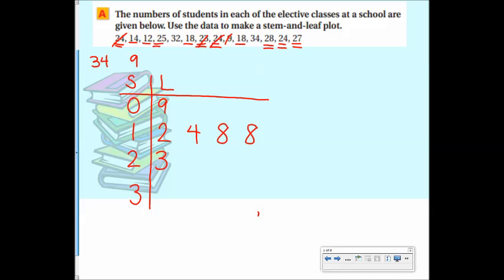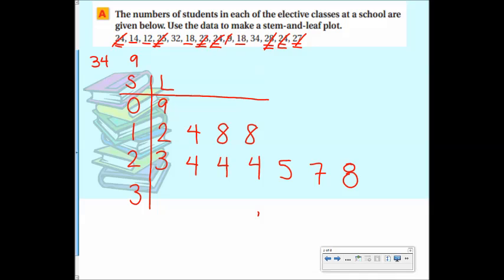So I need 3 4s. Okay, and then what? I have 25. 27, and then 28. So 7, 8. So how many numbers are there in the 20s? 1, 2, 3, 4, 5, 6, 7. There are 7 numbers in the 20s.